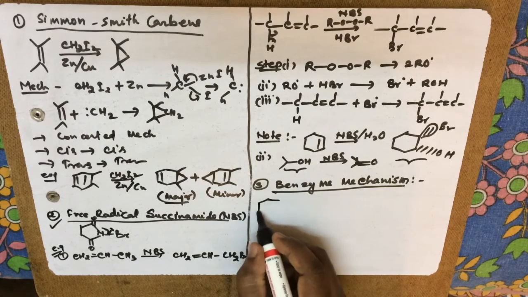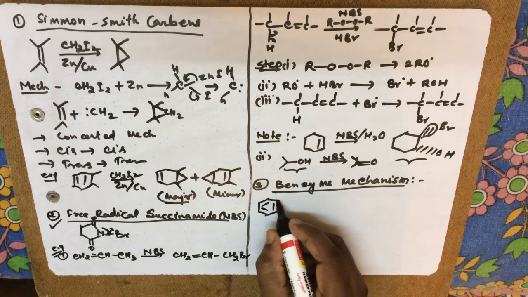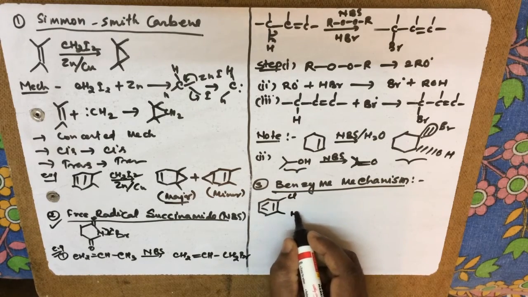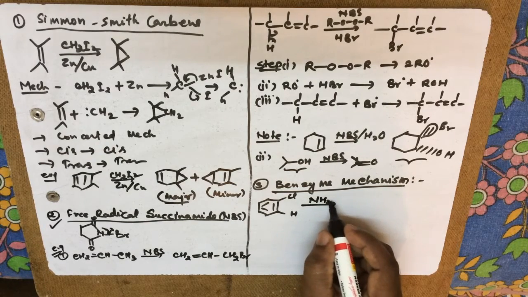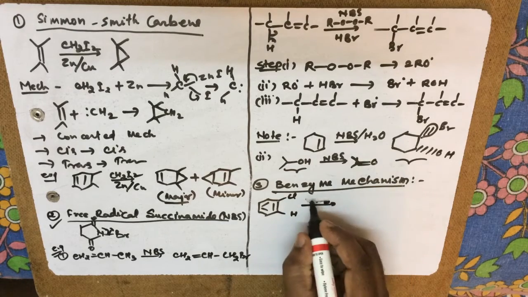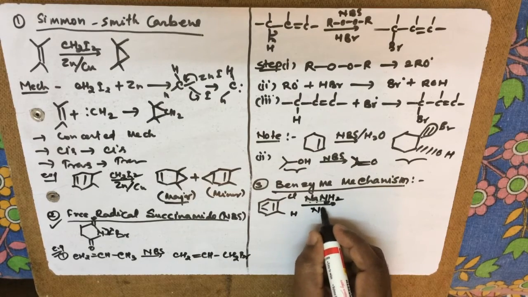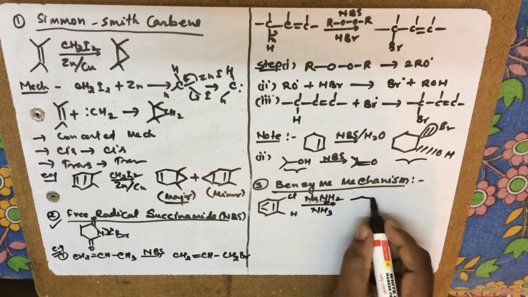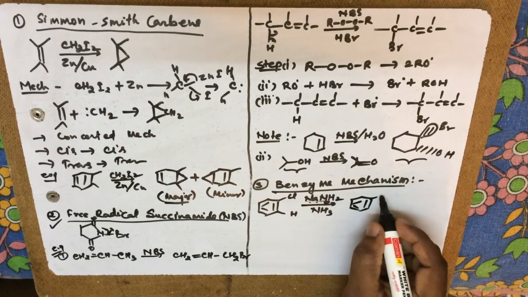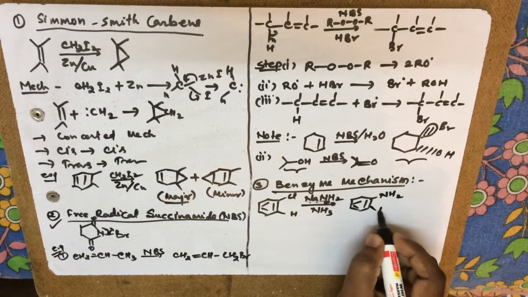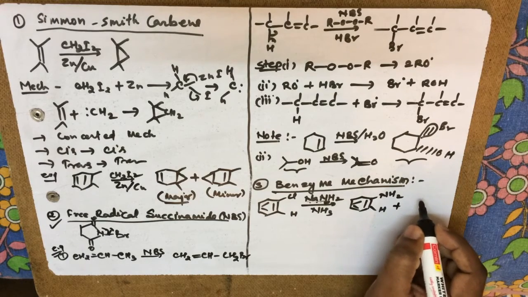So if you have these molecules, here Cl, here H, and you have base, in the presence of base, NaNH2, in the presence of ammonia, then you will get this product. Okay, but you will not get this product.